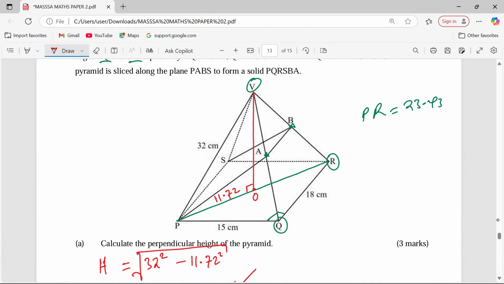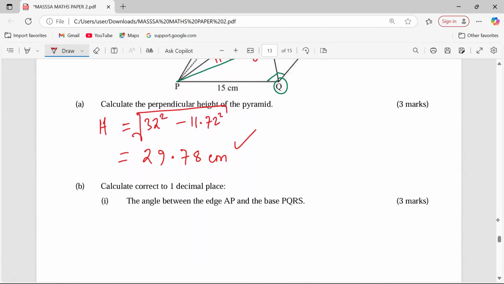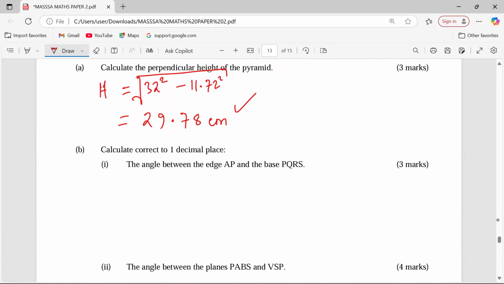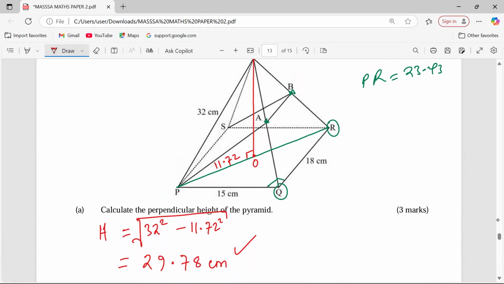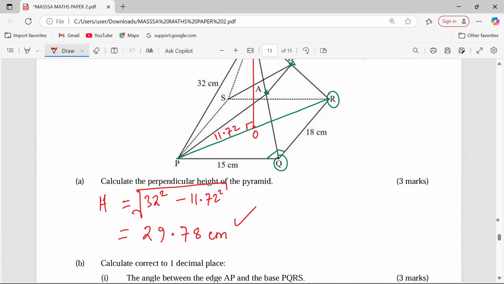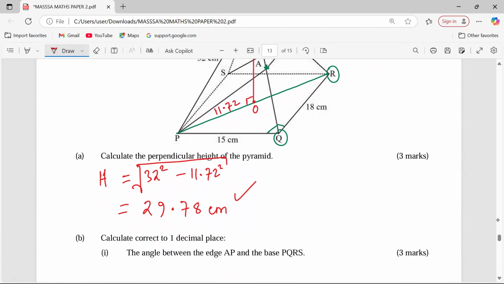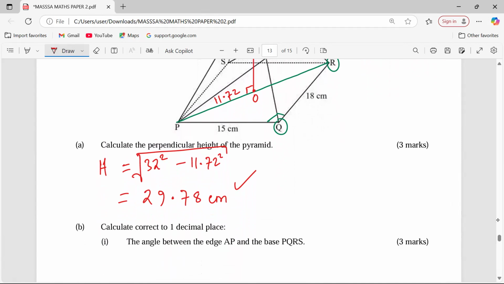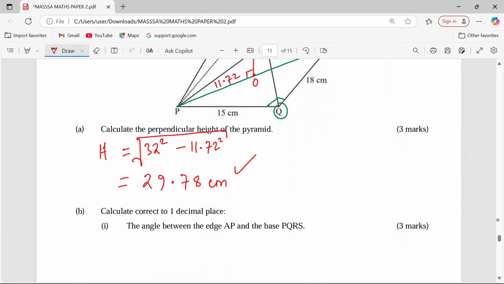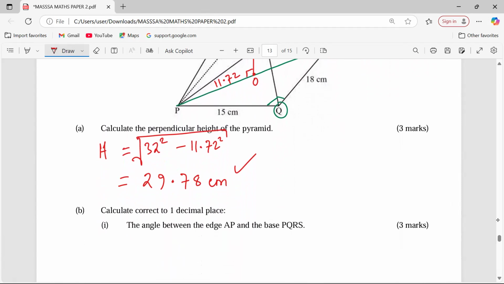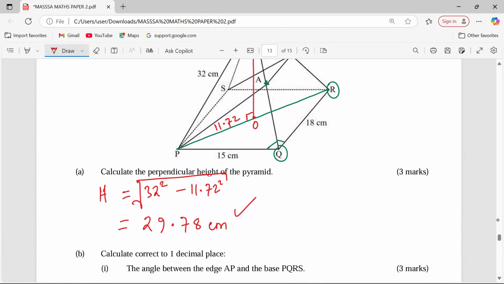A very good question. Now we proceed to part B of this, whereby we are dealing with the angles. Calculate correct to 1 decimal place the angle between AP and the base. AP and the base. Where is AP? We're supposed to look at that very carefully.